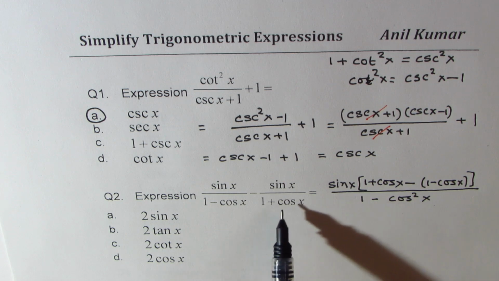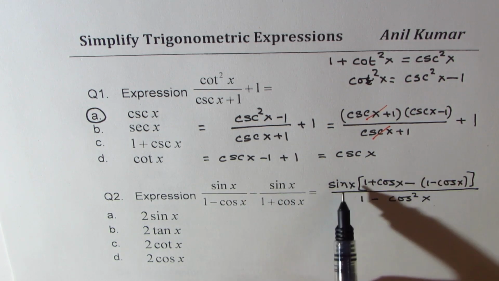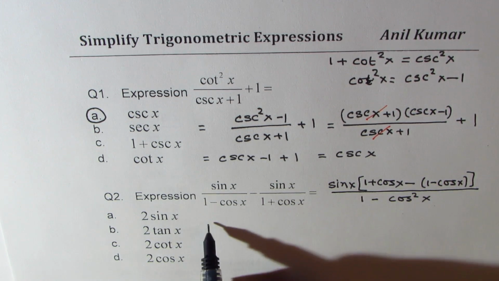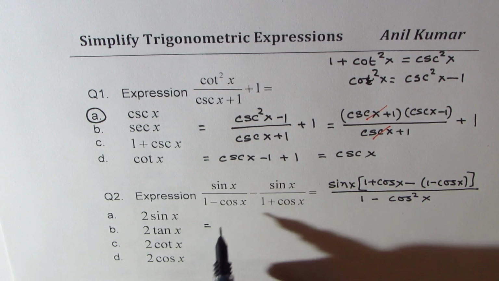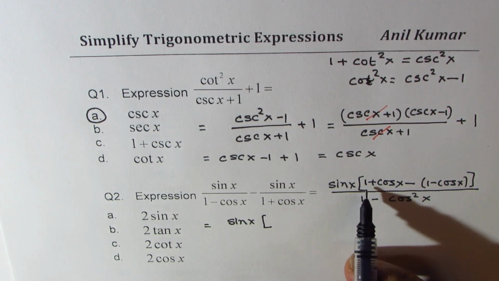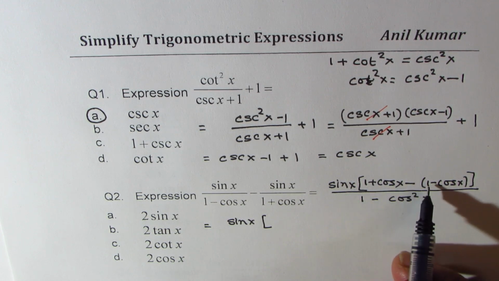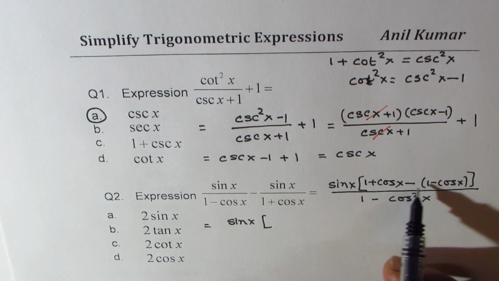Normally you will multiply this by sin x, that also by sin x, then take sin x common. Is it okay? But anyway, this is also an equivalent step. So we have sin x common here, and inside the bracket 1 minus 1 is 0, and cos x minus and minus becomes plus.